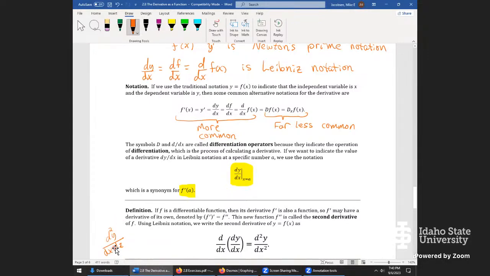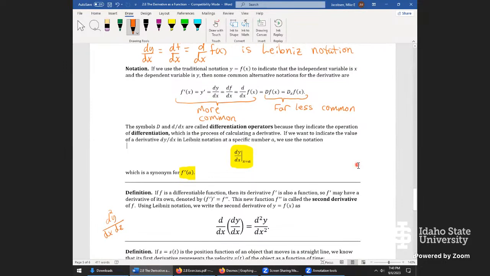Not something we're doing in this class, but again, just a preview of why Leibniz notation is so precise. I can't give all this information with just one prime symbol. So that's my sell on definitely always trying to stay familiar with Leibniz, even though we may not use it the majority of the time. When it's useful, it's invaluable.